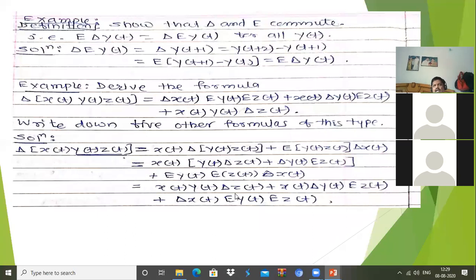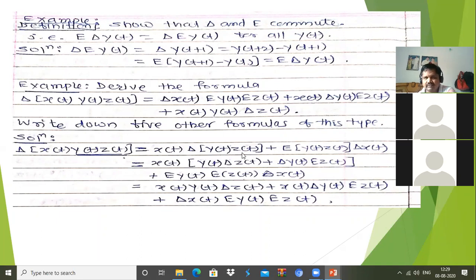Okay. Now, how other 5 formulas are there? So very simple. By using this one concept, by taking delta of xt and yt into zt as one group, we can find 2 different formulas again. This one is first. Now for this delta, what we will do? I will consider zt first function, yt second function.